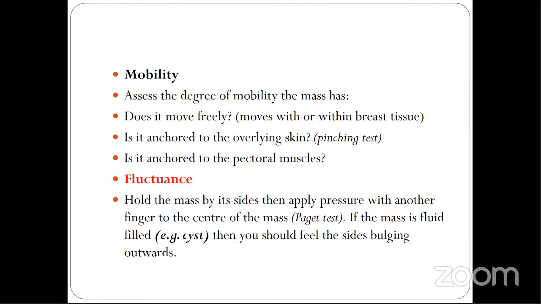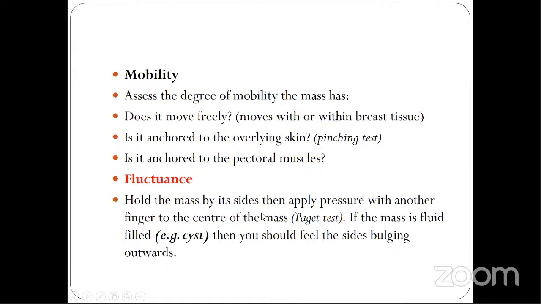Then we'll go for mobility. Assess the degree of mobility: does the mass move freely, is it fixed, does it move with or within the tissue? Is the mass attached to the overlying skin? Is the mass enclosed? Then fluctuance.